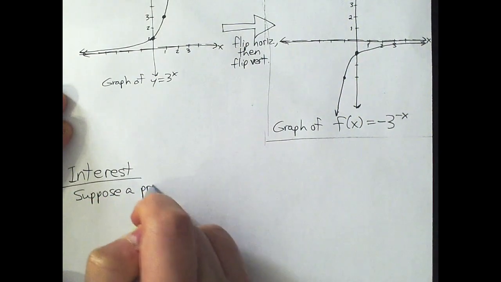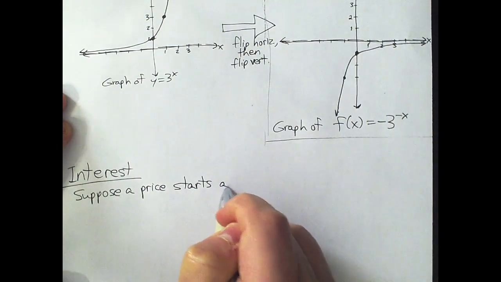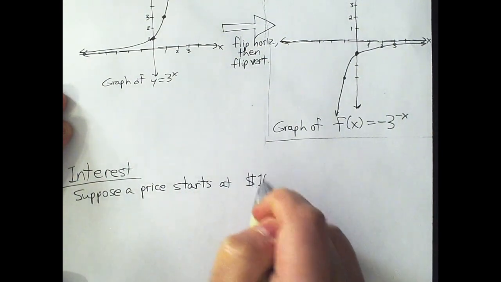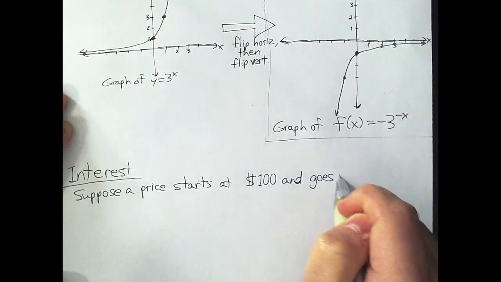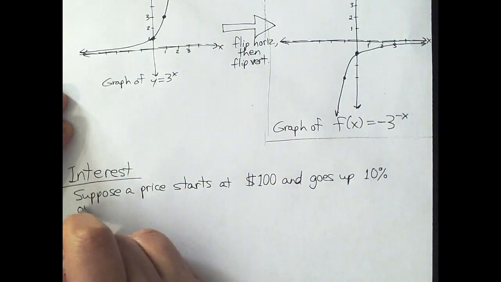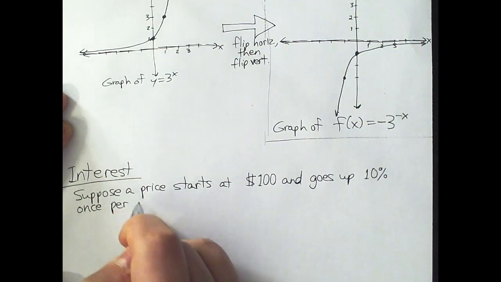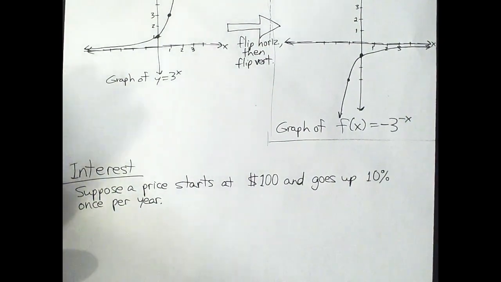All right, I'm going to say, suppose a price starts at $100 and goes up 10% once per year. This would be a 10% annual interest rate.